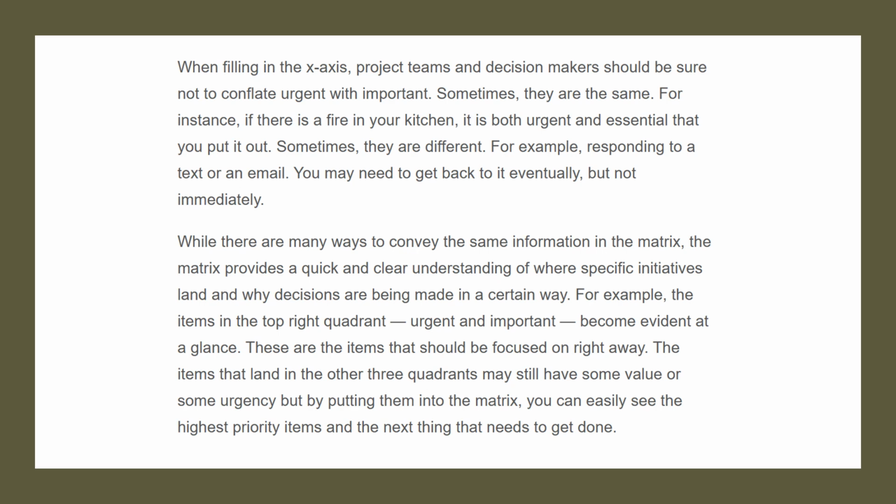These are the items that should be focused on right away. The items that land in the other three quadrants may still have some value or some urgency, but by putting them into the matrix, you can easily see that the highest priority items are the next thing that needs to get done.